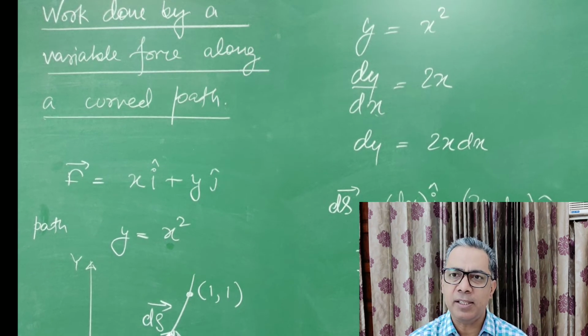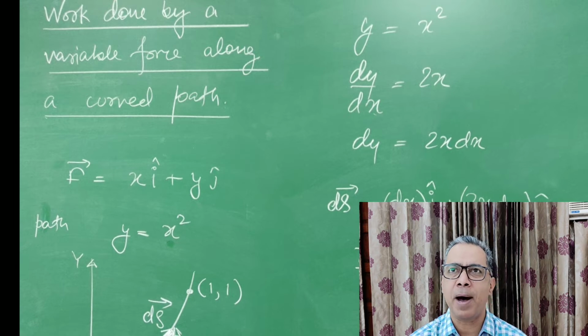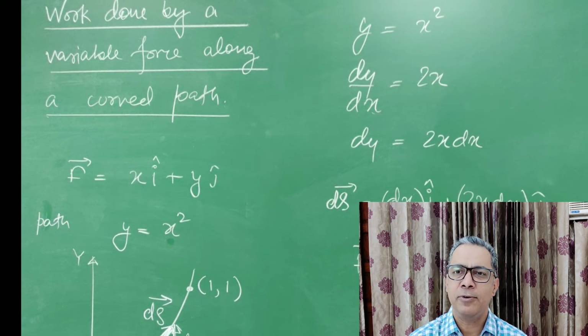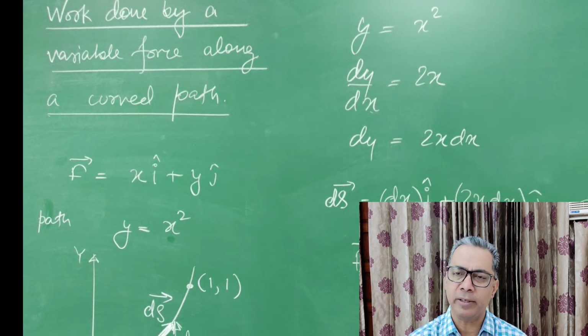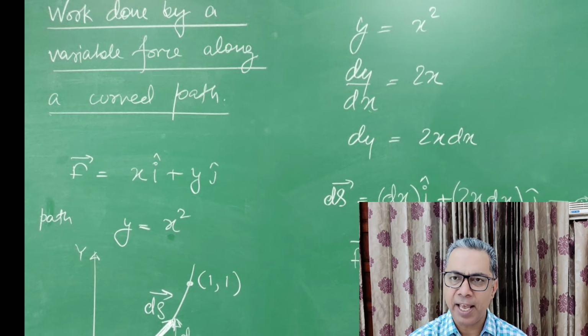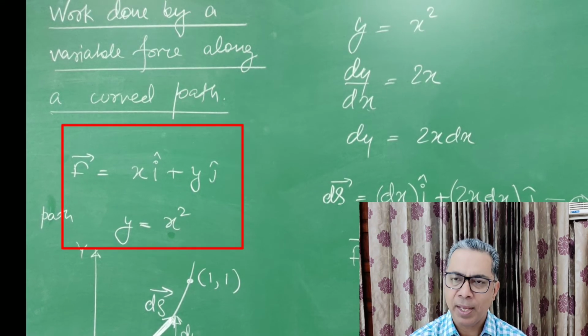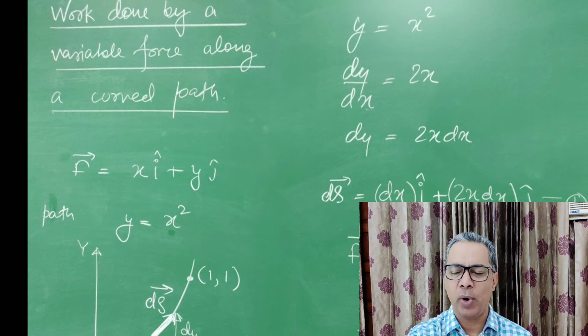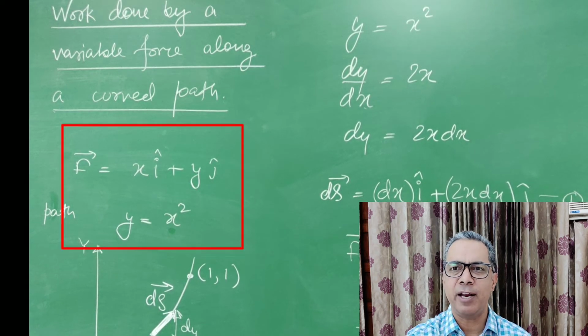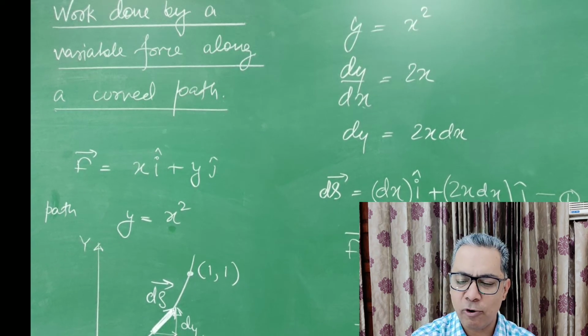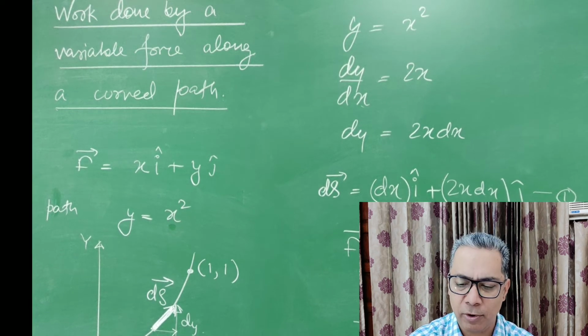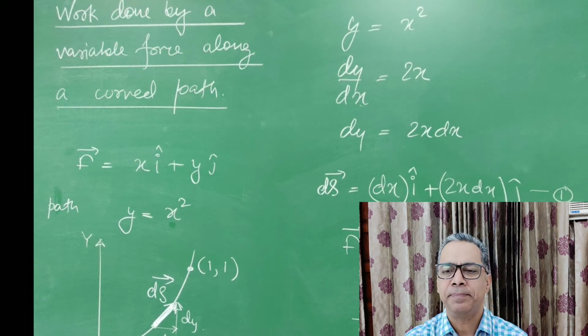In such cases we need the force and the path both well defined so that work can be calculated. So here the force is given as x i cap plus y j cap and the path is y equals x square, and we'll be calculating work done in moving along the path from the point 0, 0, that's the origin, to the point 1, 1.